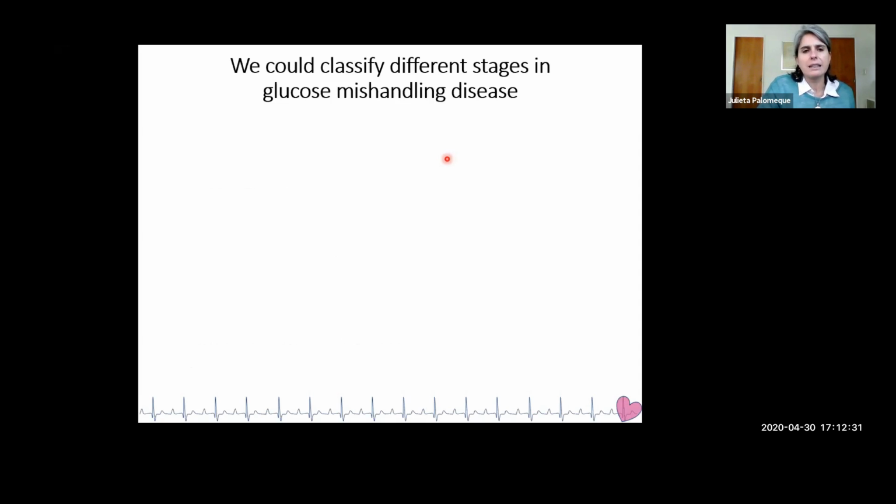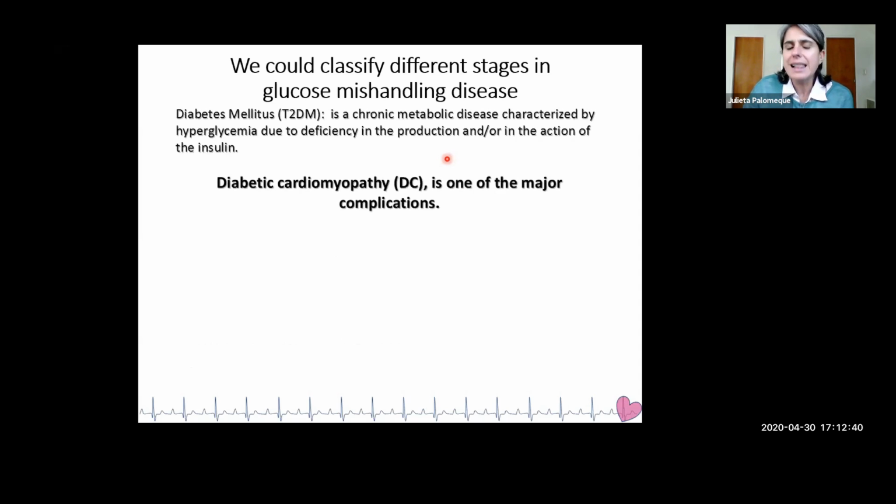But in the stage of glucose mishandling, I think that we could classify different stages in this metabolic disease. The last step is diabetes mellitus type 2, a chronic metabolic disease characterized by hyperglycemia due to deficiency in the production and/or in the action of insulin.